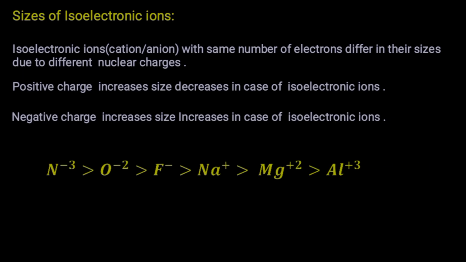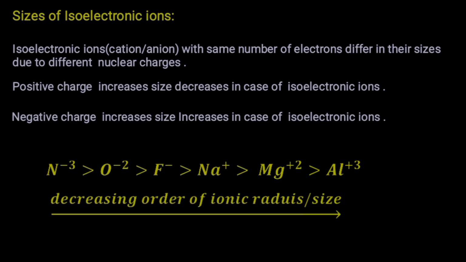We have very good examples of this type, a list of isoelectronic ions from nitrogen to aluminum, anion to cation, list given on the left, so from left to right in this order the size is decreasing. That means this is a decreasing order of ionic radius. So nitride ion is bigger than oxide ion, bigger than fluoride, Na plus sodium is bigger than magnesium ion, bigger than aluminum ion. Okay, that's it.